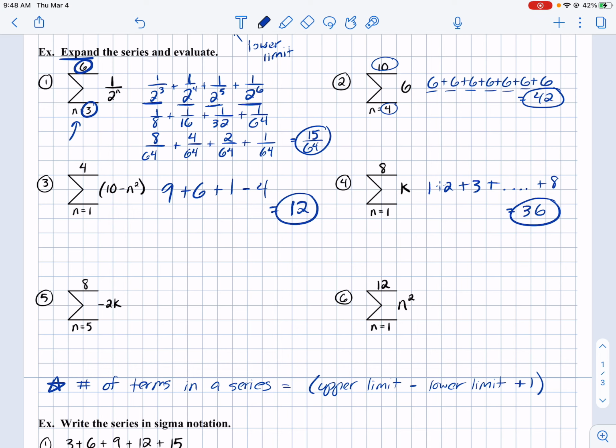Number 5 should have been negative 10 minus 12 minus 14 minus 16 to get you a sum of negative 52. And then 6, we had this example up above, 1 plus 4 plus 9 plus all the way out to 144. I guess the sum of 650.